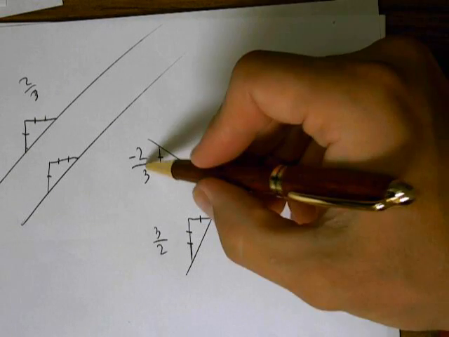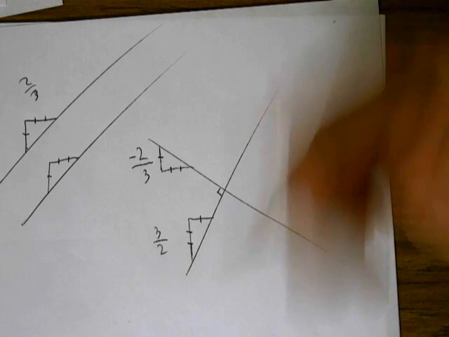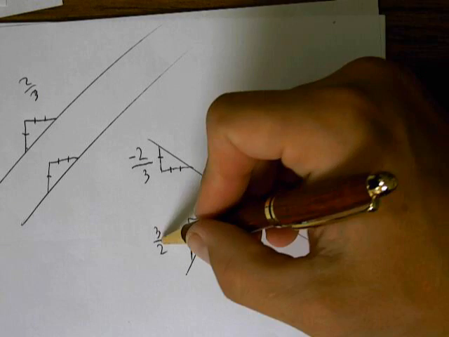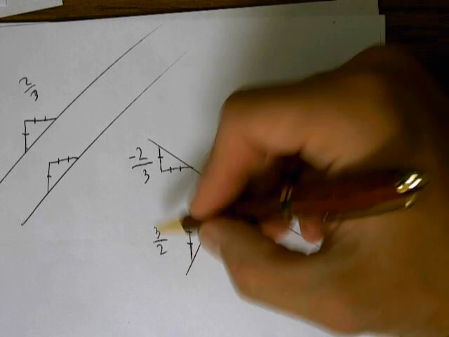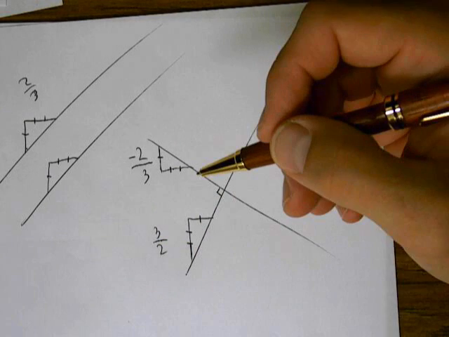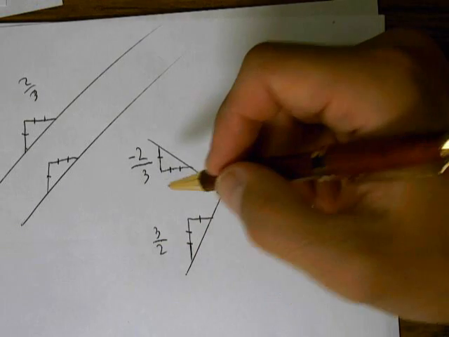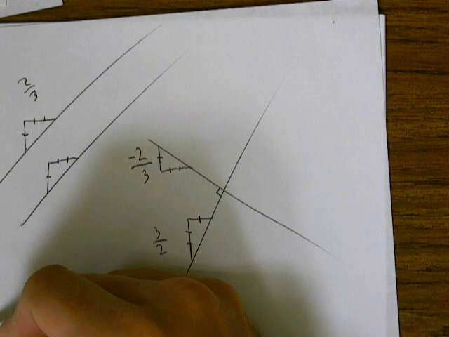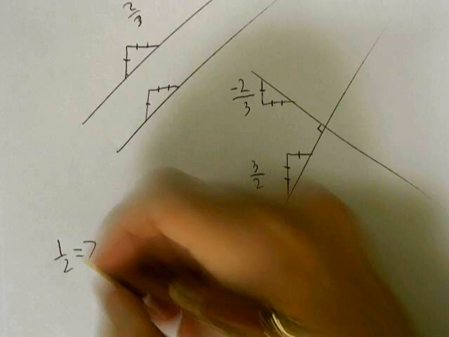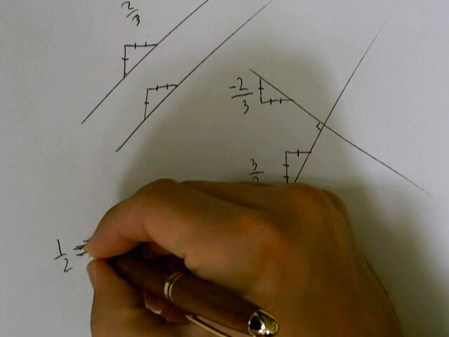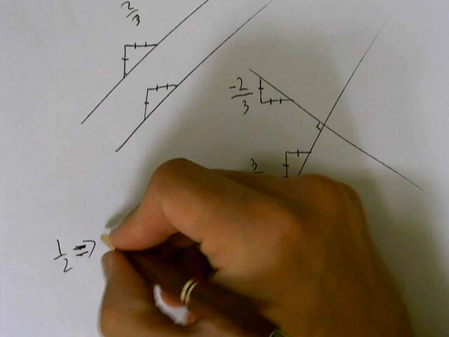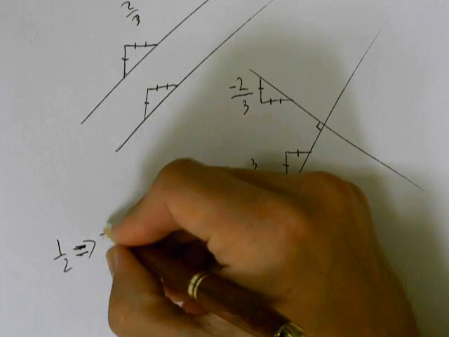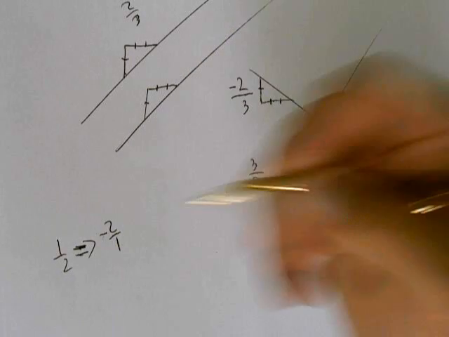Okay, well, if I keep doing this over and over again with different lines, I'll end up seeing that if I have 1/2 on the first one, that'll give me -2 over 1, or -2.